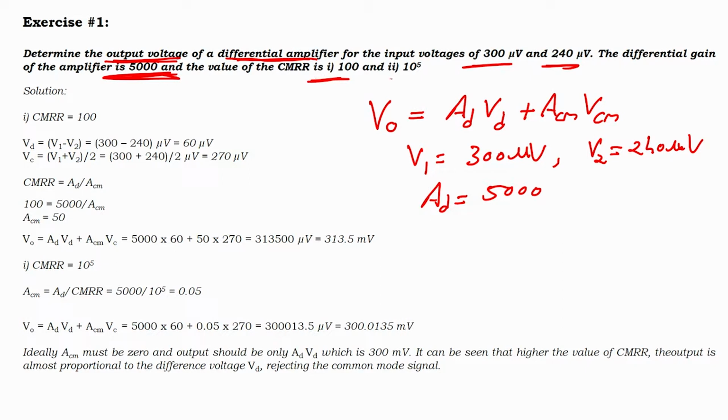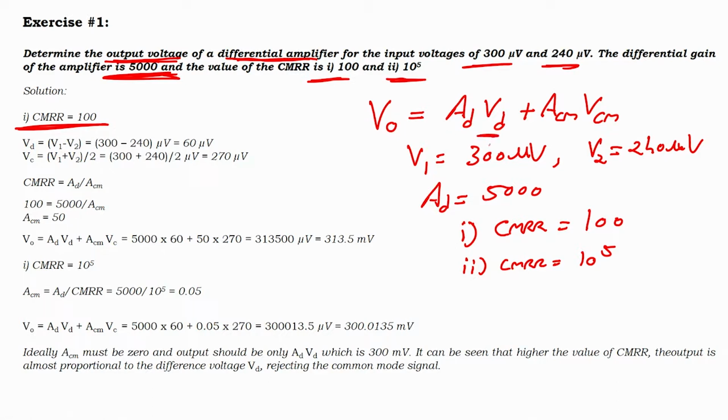For two values we have to calculate. First value is given as CMRR equals 100. Second value is given as CMRR equal to 10 raised to 5, right.